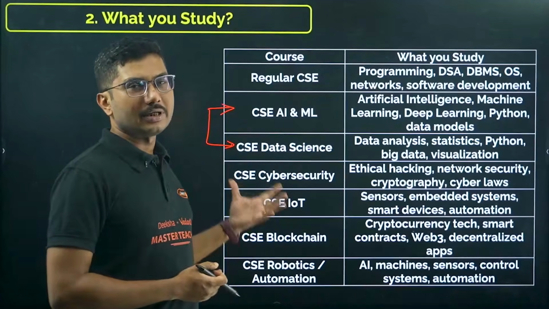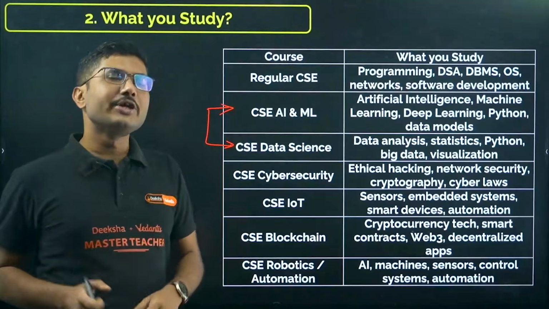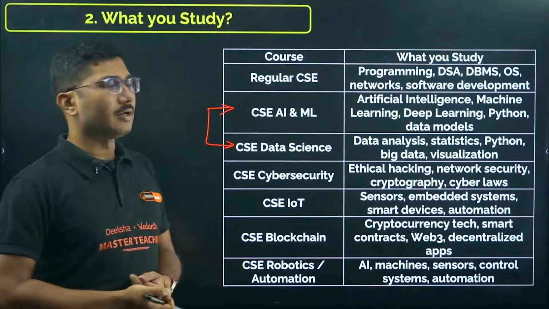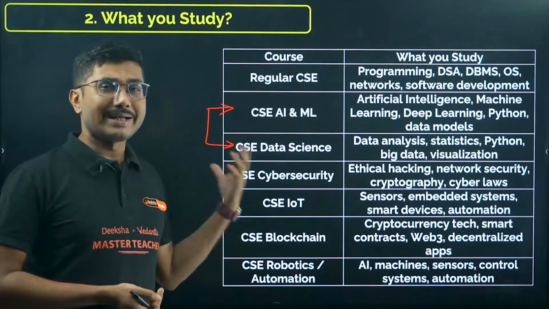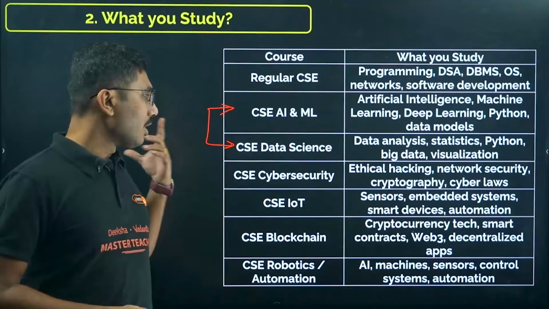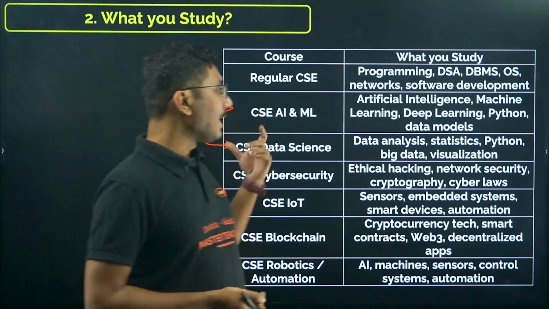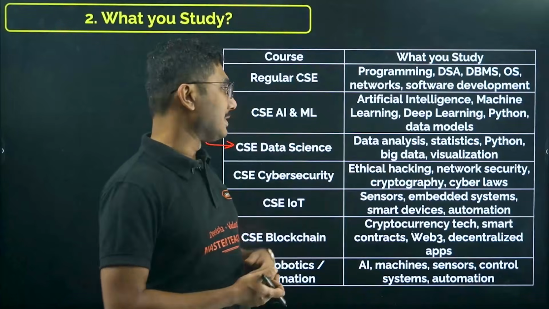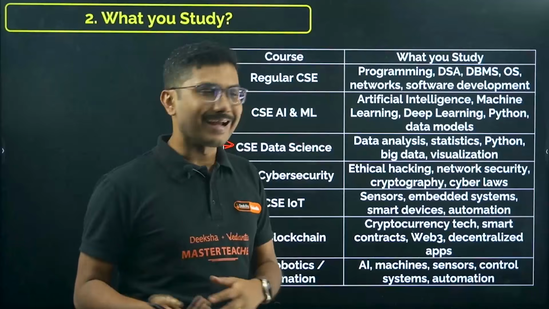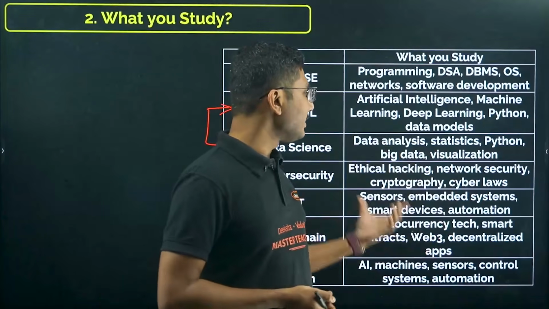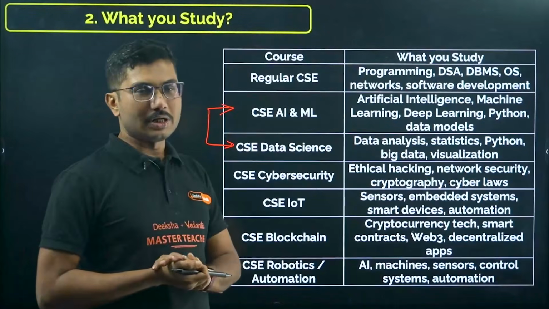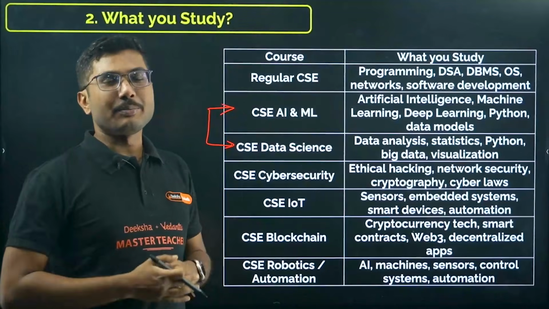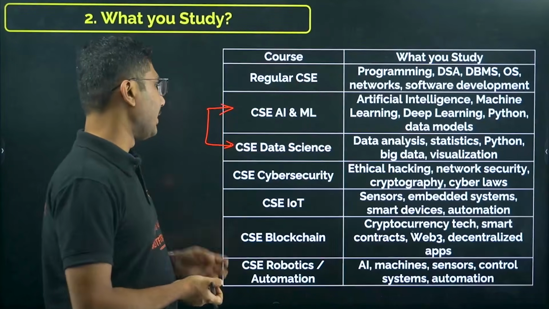It's a digital data securing job, which is very important, especially for security reasons. You might get a government job as well if you study cyber security. Ethical hacking is not unethical hacking, it's ethical hacking. Network security, cryptography, cyber laws, these are the things that you have to learn. So a little bit of in-depth knowledge is required.